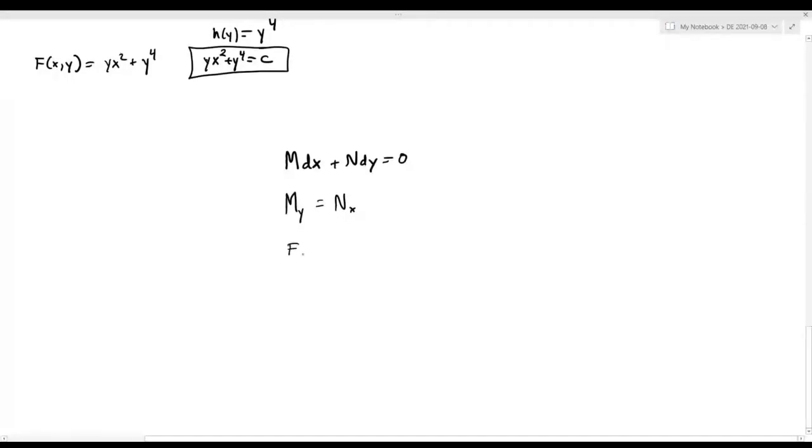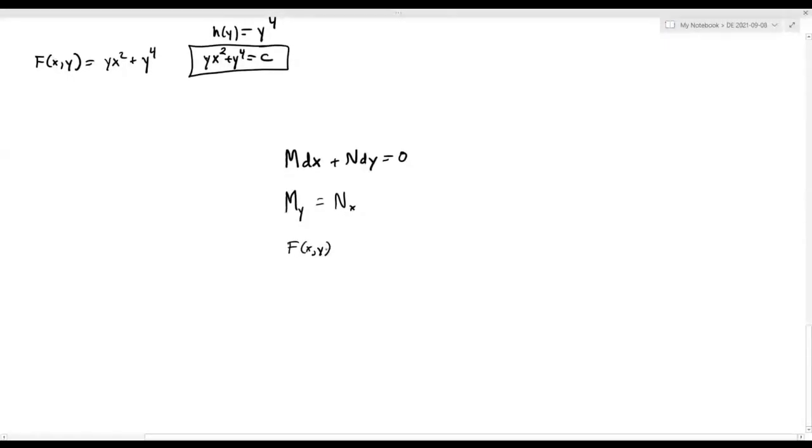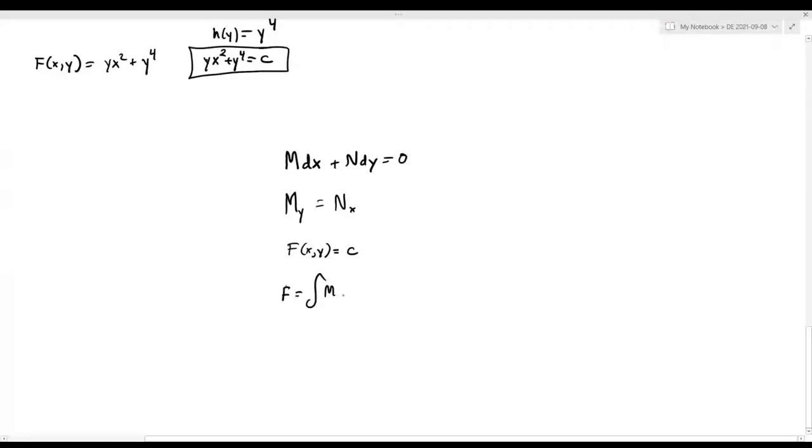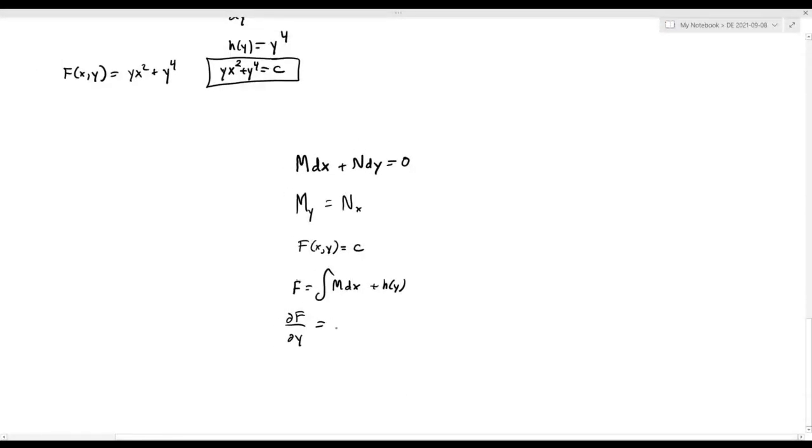And then we try to find a solution in the form of some function big F being equal to a constant. And we recover F by anti-differentiating m with respect to x, and we get a function of integration. And then differentiating that with respect to y, setting it equal to n, and hopefully this will allow us to solve for this h. This is at least one way to do it.